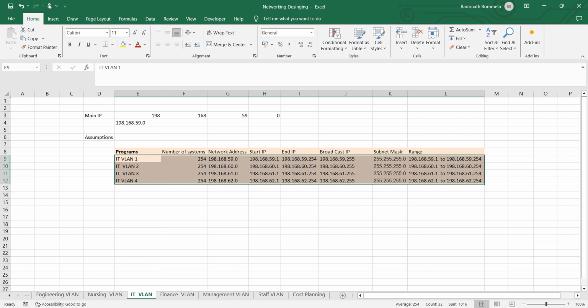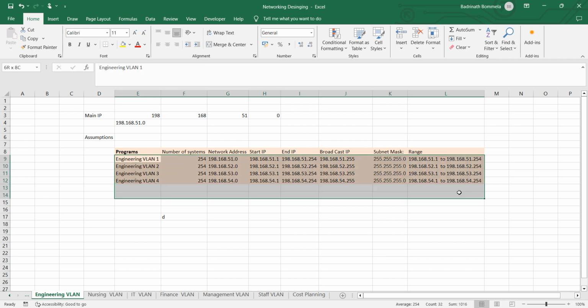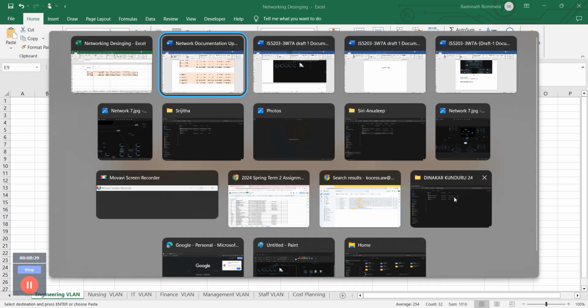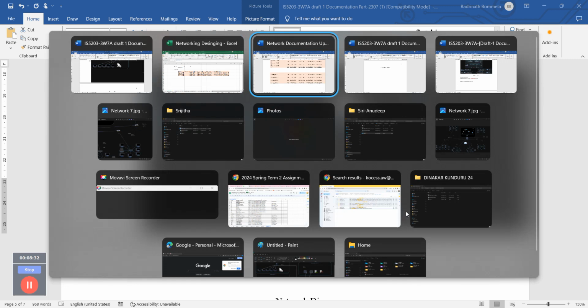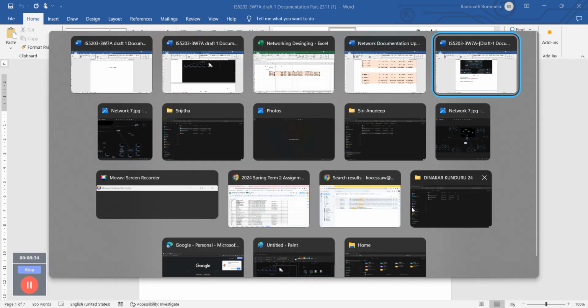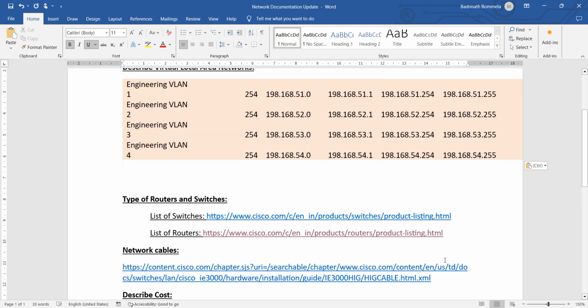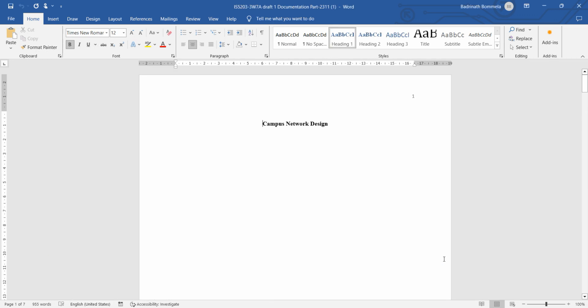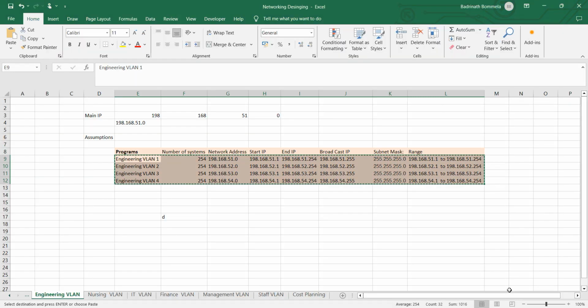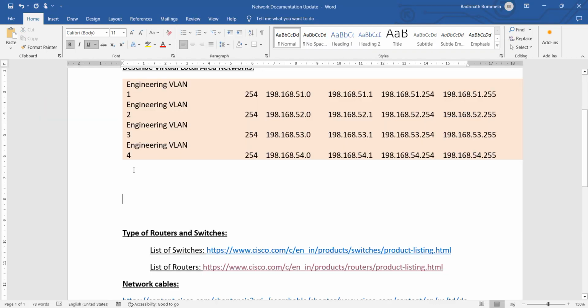So now it can't change it, right? I will have to select all the VLANs again. So make sure you are careful enough. You should be very careful about it. I have multiple documents open, so it's becoming an issue.